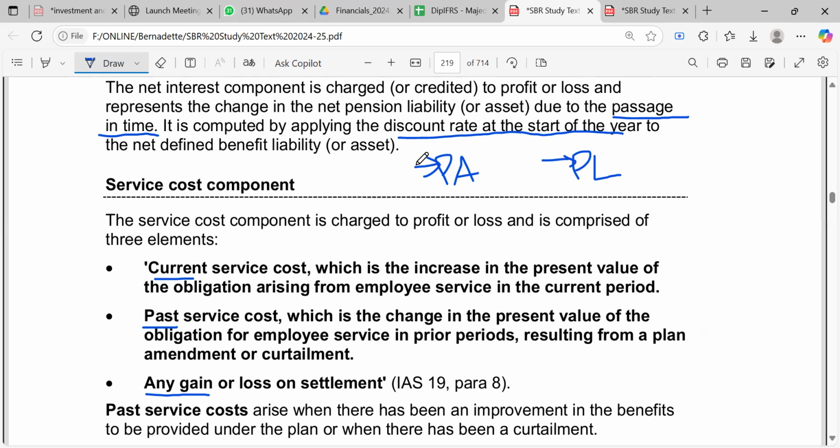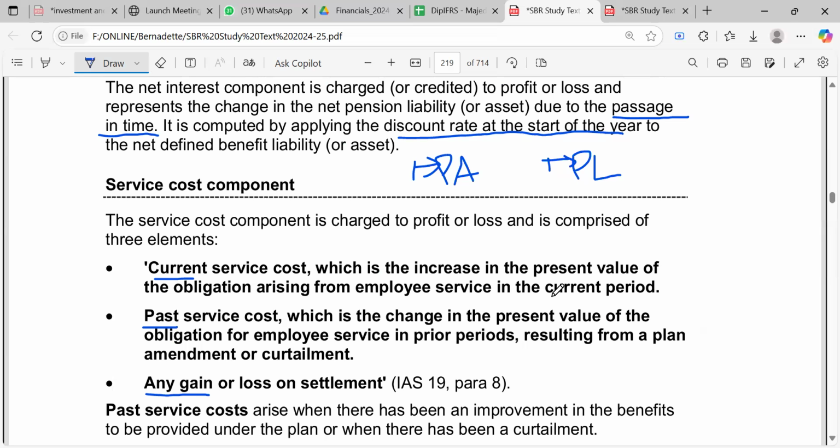If the cost, it would increase the liability, which is the obligation. So that's why we are told it is the increase in the present value of the obligation arising from employees' service in the current period.